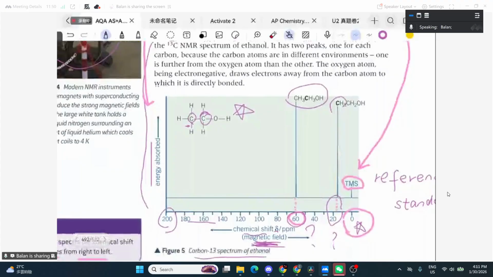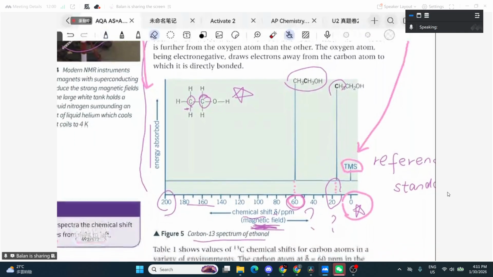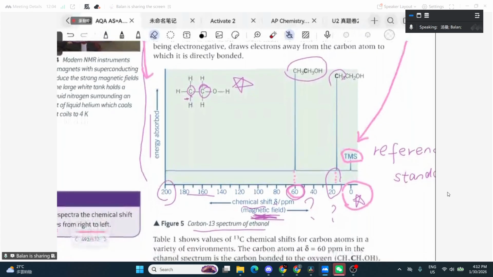So you can look at the spectrum of ethanol. How many peaks? 2 peaks. Let's see this peak. It's at 60 ppm chemical shift. This is due to the carbon bonded to oxygen.